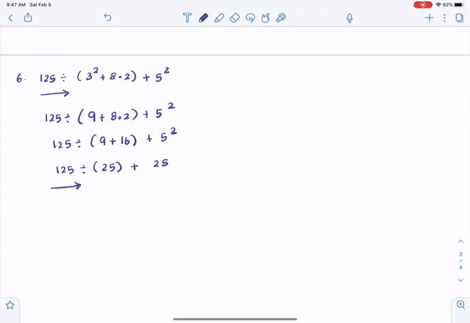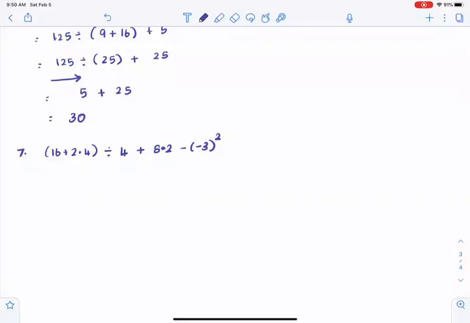So 125 divided by 25 is 5, plus 25. So the final answer is 30.